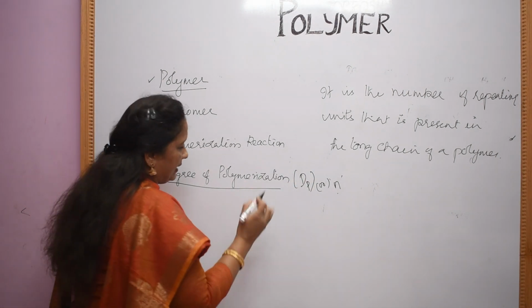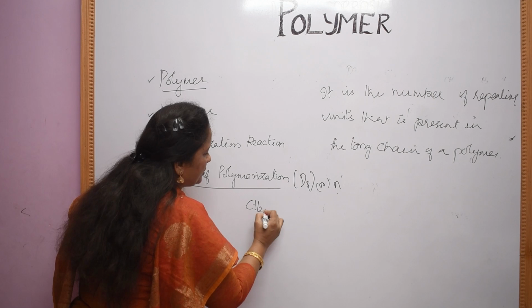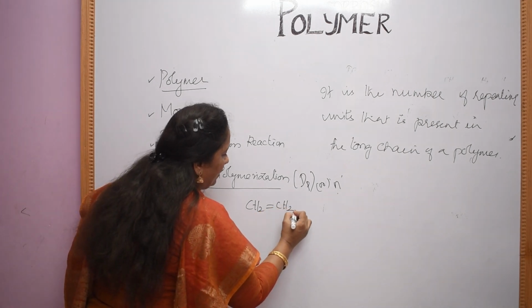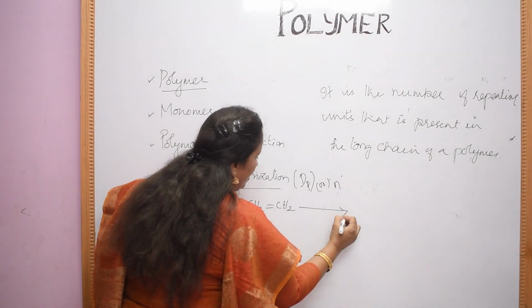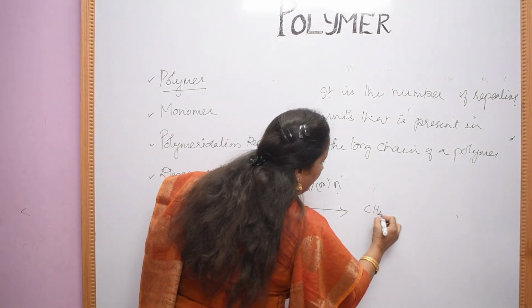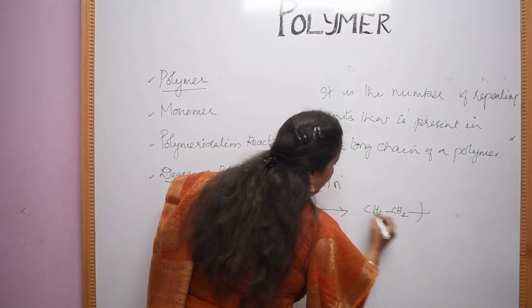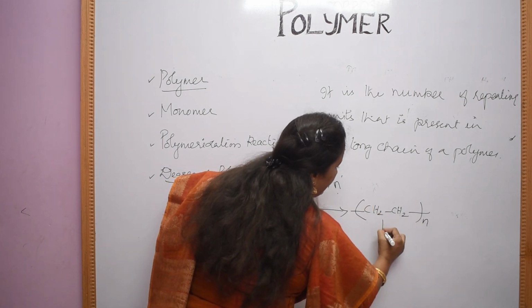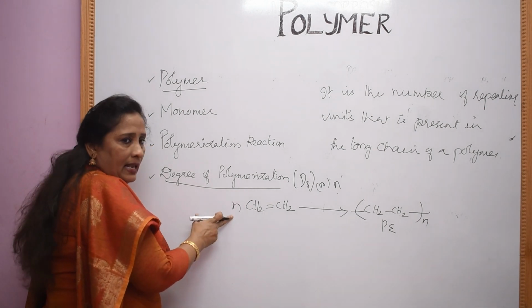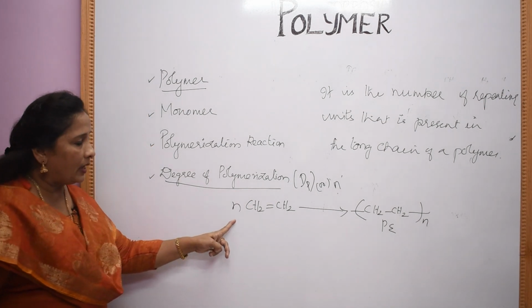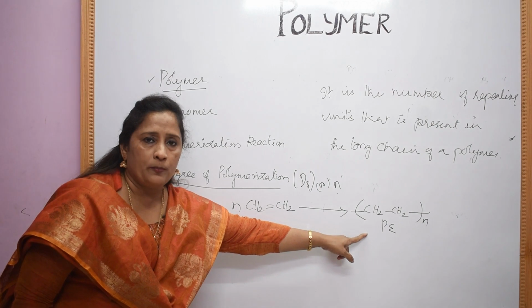Let us take an example. Let us consider the formation of polyethylene from ethylene. Say N number of ethylene molecules are undergoing polymerization to form polyethylene, CH2 single bond CH2, N. That is polyethylene. Right? So here the number of repeating units is N. N number of units are combining to give a long chain of the polymer.